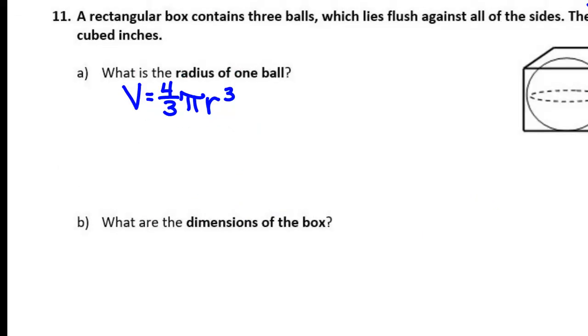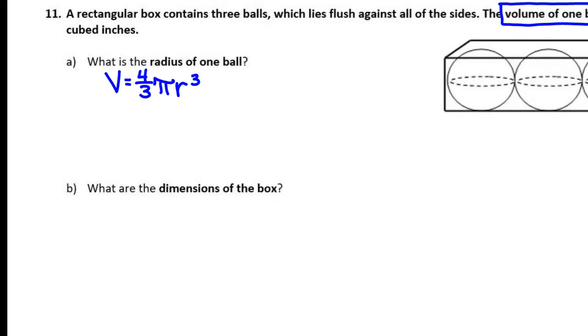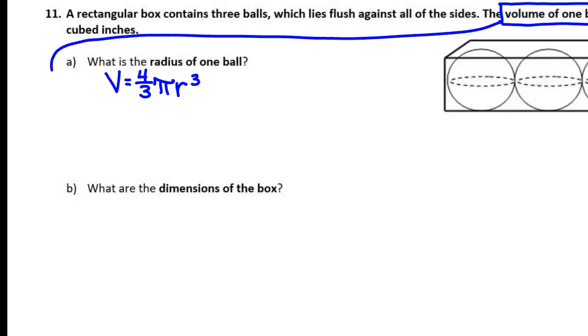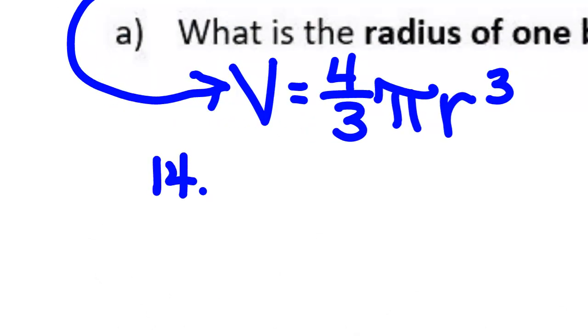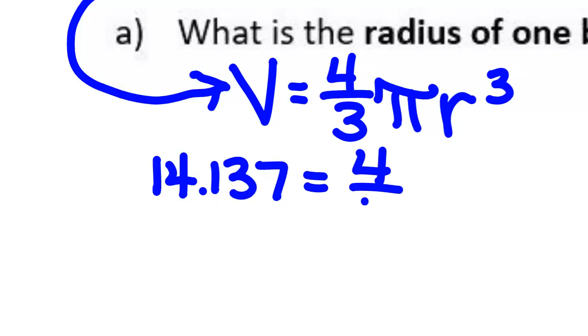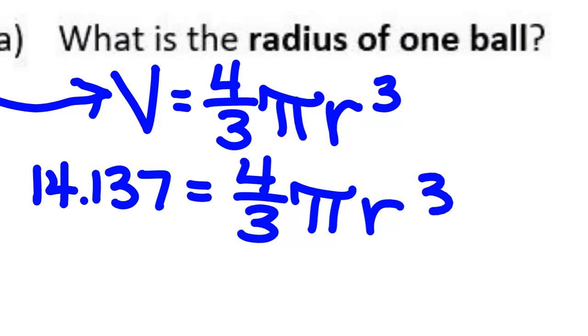What can I substitute in? I can sub in the volume, right? In the place of the V, we're going to put 14.137 equals 4/3 pi r cubed.